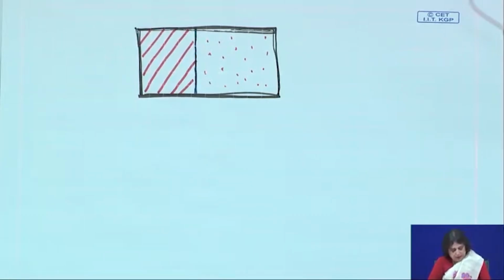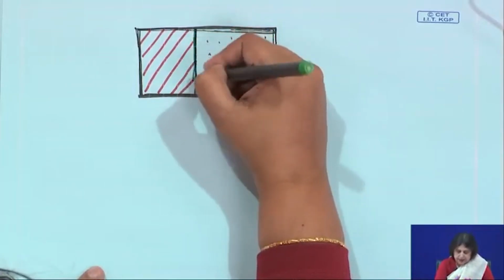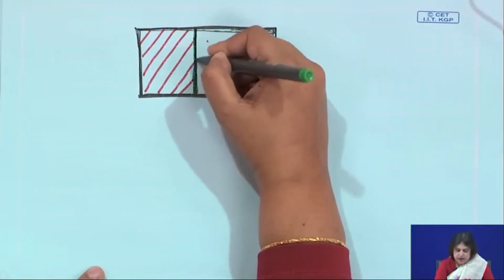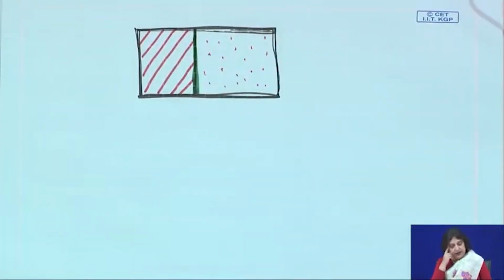Now, I am going to alter this model a little bit. I am going to make the separator weakly diathermal. What do I mean by that?